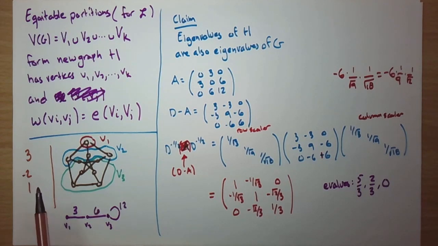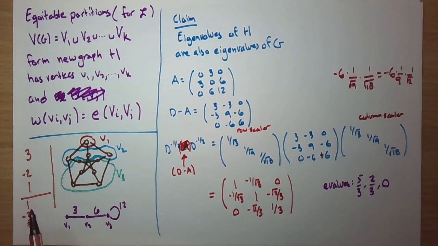Now for the normalized Laplacian, because it's regular, you first scale by the degree. So 1 minus 2/3, and then 1/3. Then you negate them, because you have the minus A, and that's been normalized.